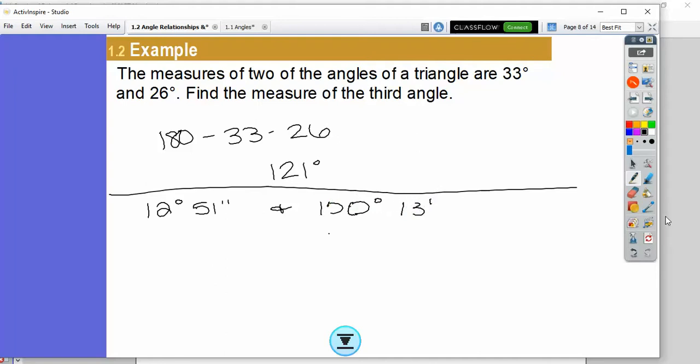What would you have to do to find the third angle there? Find a precise angle. Okay, so what should I do with these two to start? You want to add those together and then subtract from our 180?